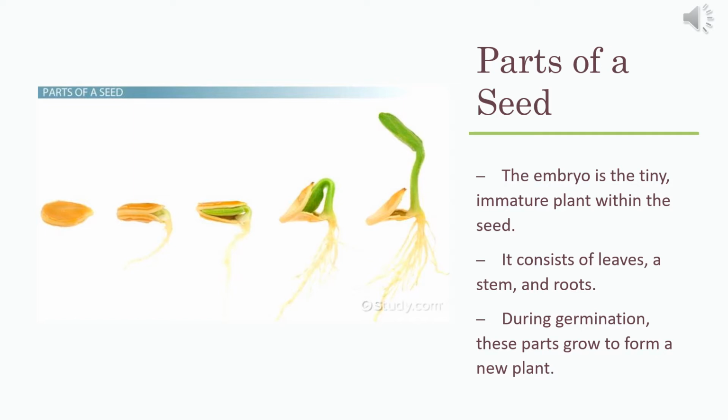Those wildflower seeds sit on the surface of the soil after the parent plants have died, and then they don't actually germinate and start to create new plants for several months. So those seed coats are very important to be able to preserve the inside parts of the seed until the environment is appropriate for it to germinate and start to grow.